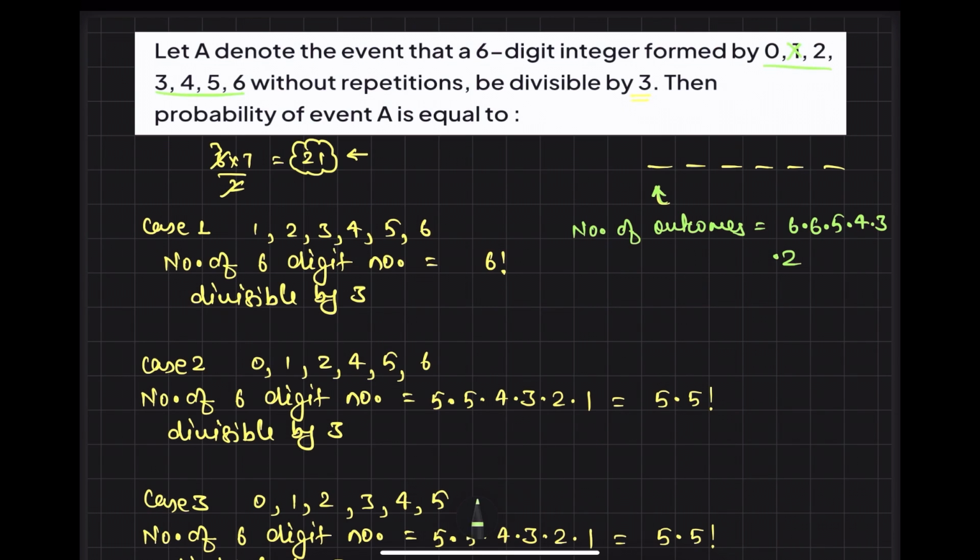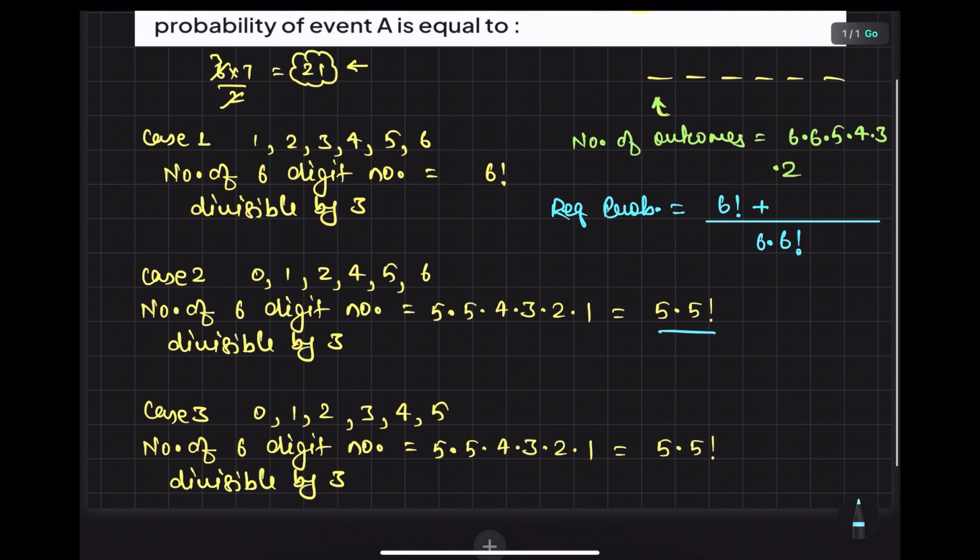Okay. Now we can say that the required probability would be, look here, total number of outcomes 6 times 6 factorial, and in the numerator you will have 6 factorial plus this and this, both are the same, so I will write 2 times 5 into 5 factorial.